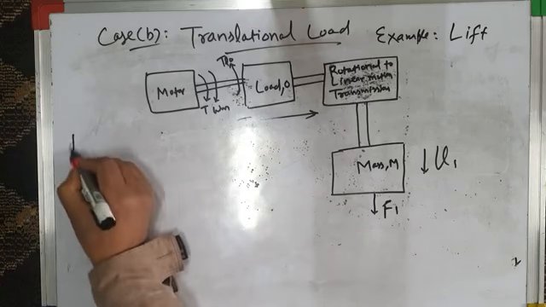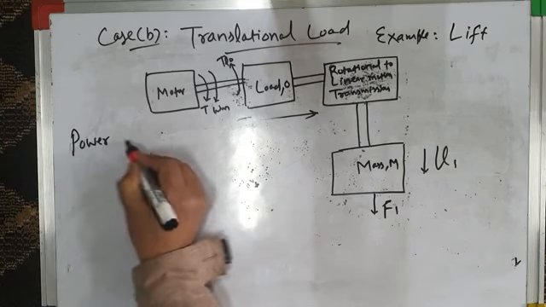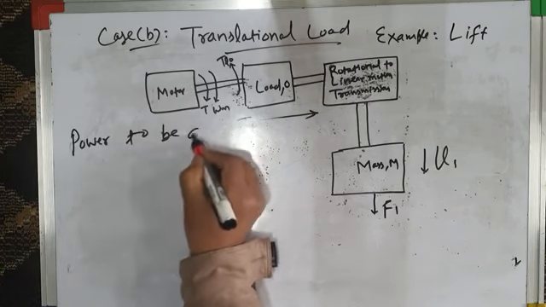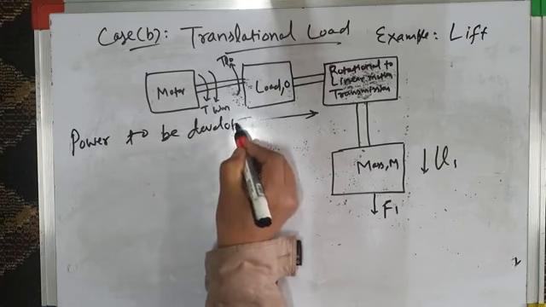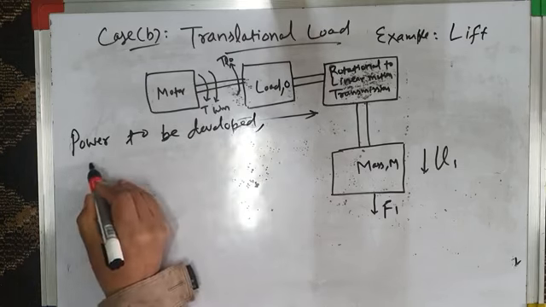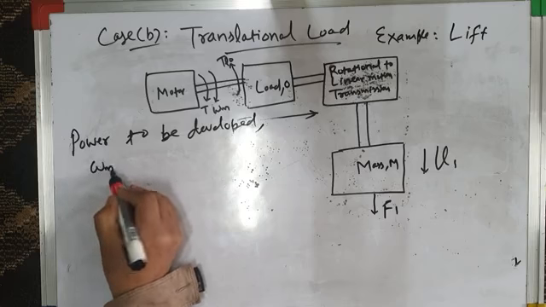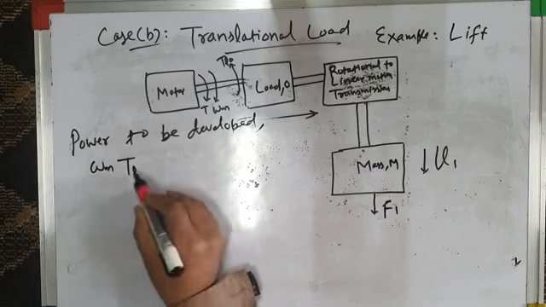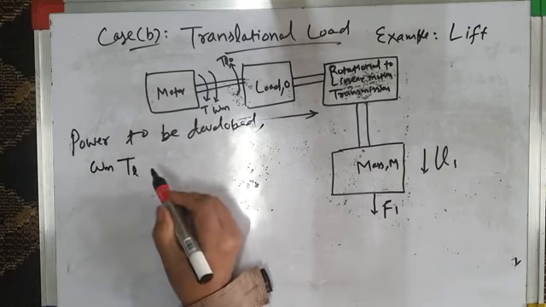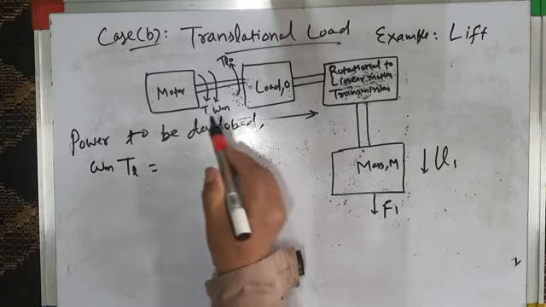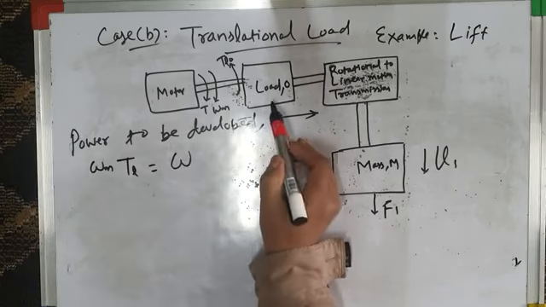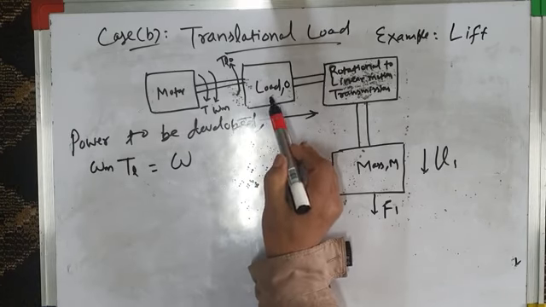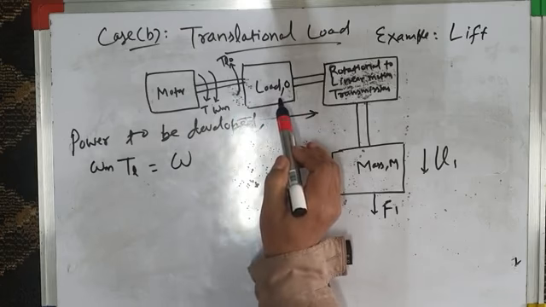Okay, so power to be developed by motor, again P is equal to omega T, that is omega m into TL, where TL is the total load torque to be developed by the motor. It is equal to what is the power required by load 0 to put this load 0 into rotation.